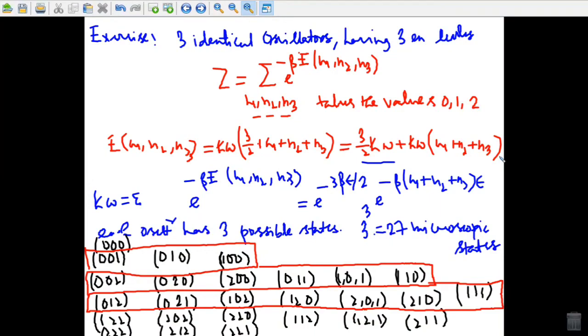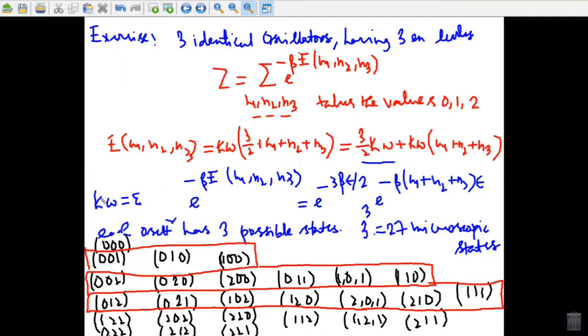Note that the first term 3/2 ħω is common to all states and is independent of the individual quantum numbers. So e to the power minus beta E(n1, n2, n3) is nothing but e to the power minus 3 beta epsilon divided by 2, times e to the power minus beta (n1 plus n2 plus n3) epsilon, where we have denoted that ħω is equal to epsilon.